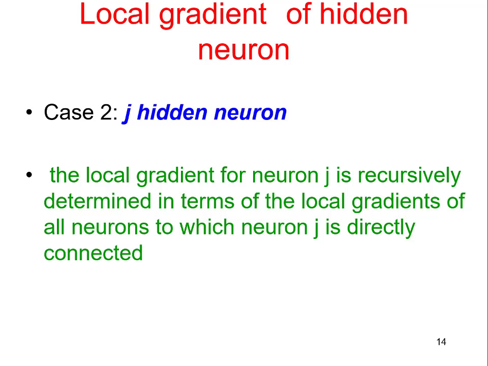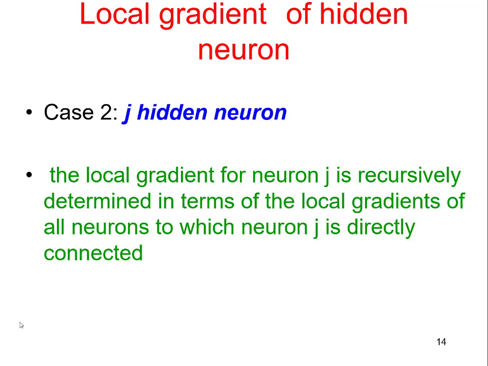Hello, welcome all. In the previous lecture we studied the local gradient induced error of a neural network. We have seen the output error of a neuron in the output layer. So how can we determine the local induced error with the help of that neuron?